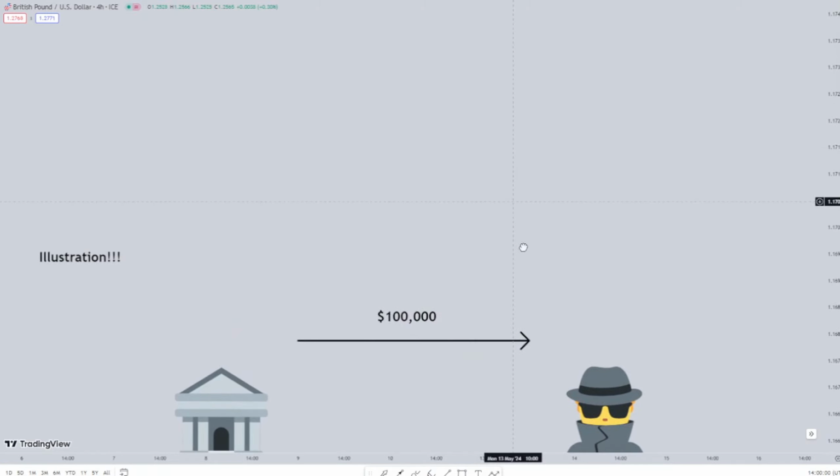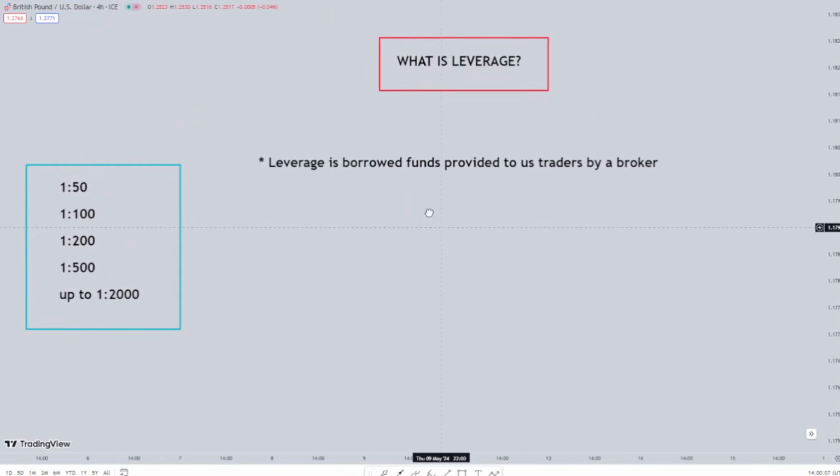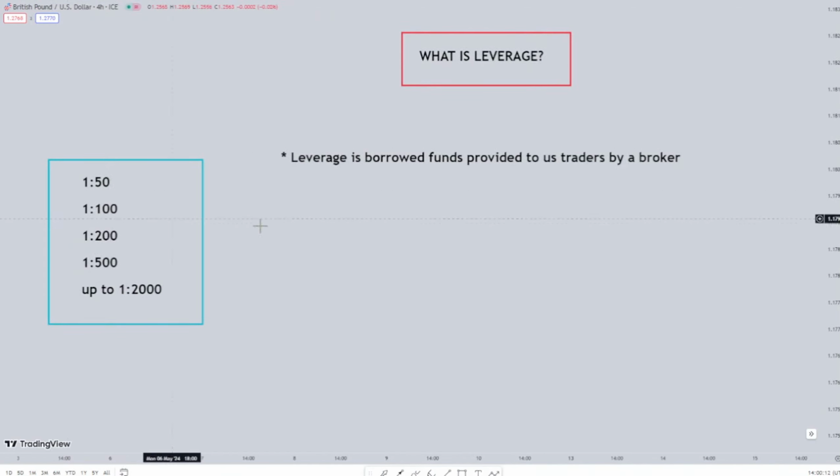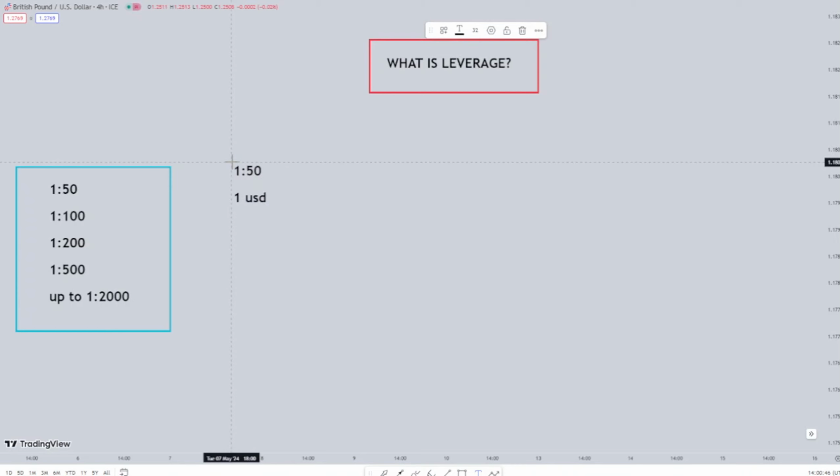Another question now is, how do you know the amount of borrowed funds your broker will give to you? From selecting any of these leverage levels. Now the leverage 1:50 means that for every $1 of your funds in your brokerage account is viewed as 50 USD.